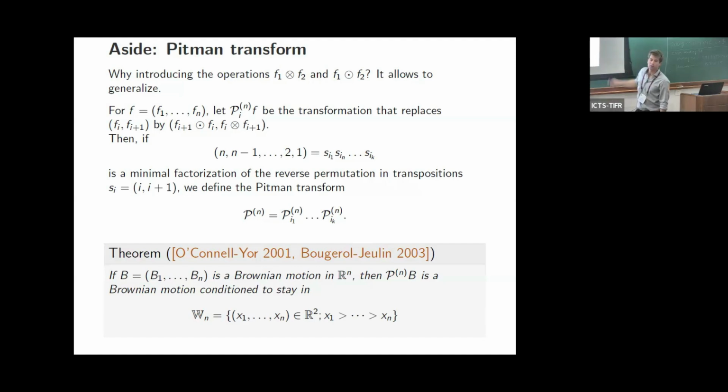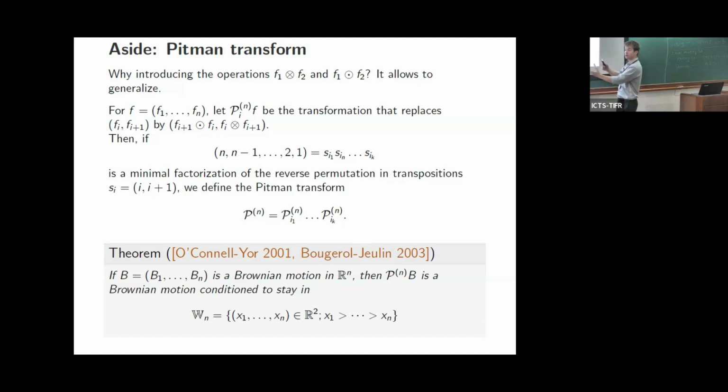Now I want to explain why I wanted to introduce these two operations on two functions f1, f2. This is because it's the right setting to generalize the Pitman transform and to connect it to the Robinson-Schensted-Knuth correspondence. So now I will take a function with n components, f equals f1 to fn, and I denote by pi_i of f the Pitman transform that acts only on the components i and i plus 1.